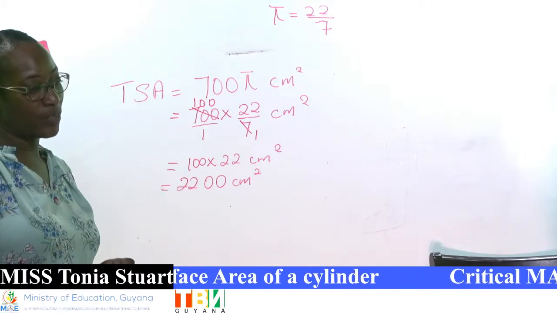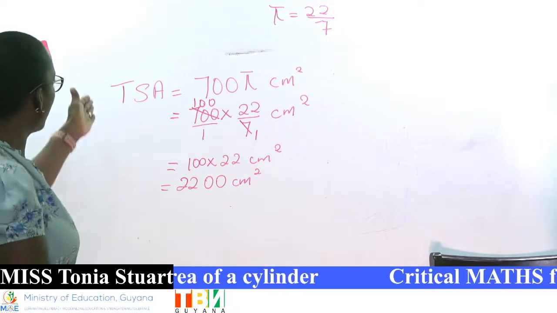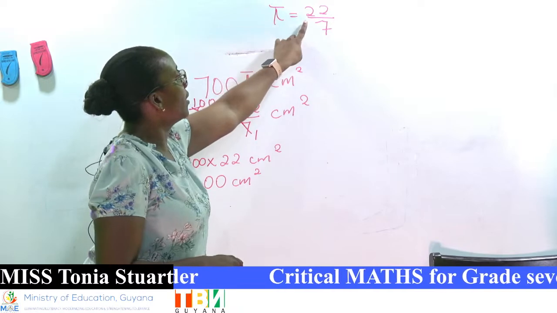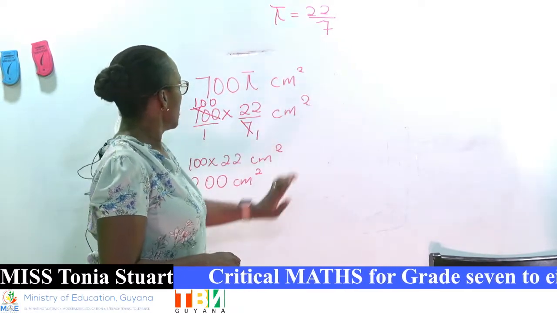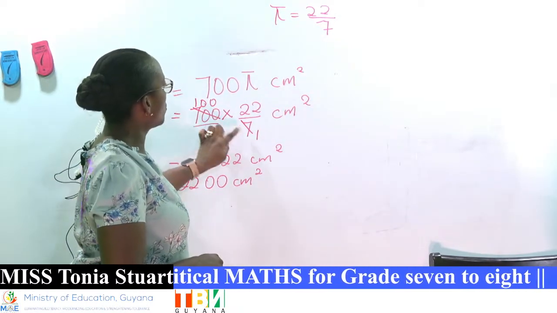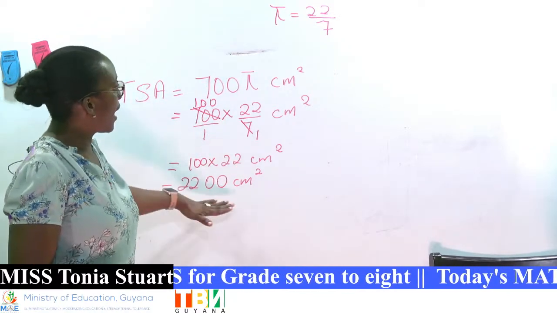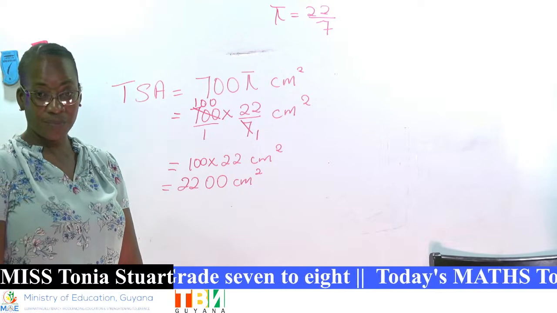From the first part that you would have copied, complete the working using the value of pi, 22/7, work it out, do your cancellation. What is left, you multiply, and you get your answer.